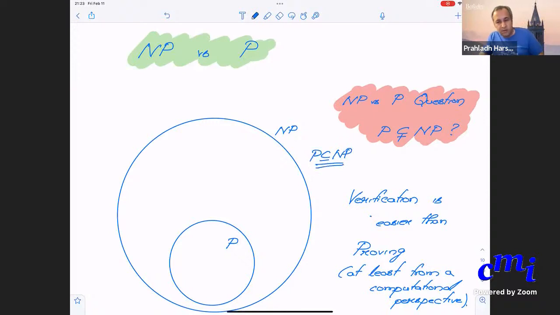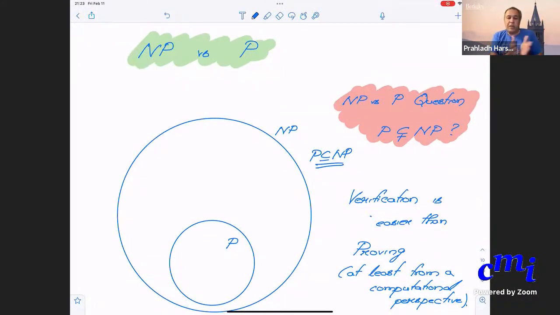And the $1 million question, literally a $1 million question, is: is P a proper subset of NP or not? It's basically trying to formalize the notion that verification is easier than proving. This is a statement which we all sort of believe: if somebody does the calculations for me, I can verify it, and verification is an easier task.